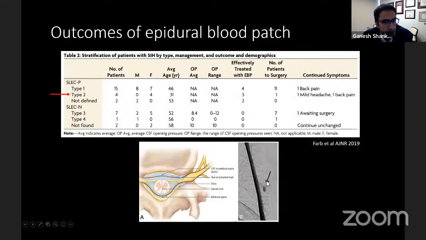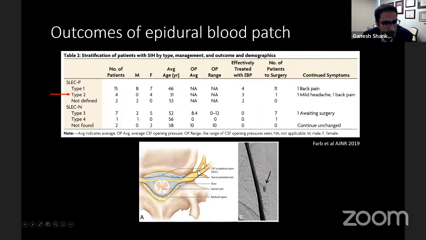What is the data for managing these types of leaks with an epidural blood patch? So type 1 leak, again, from a dorsal disc osteophyte complex that is puncturing the dura. In this study that was published in 2019, 4 of 15 patients were effectively treated with a blood patch.